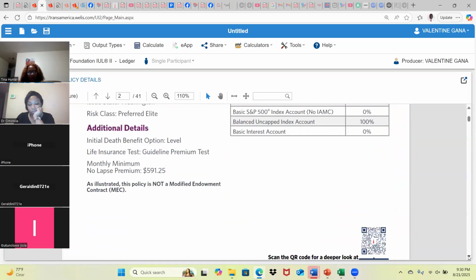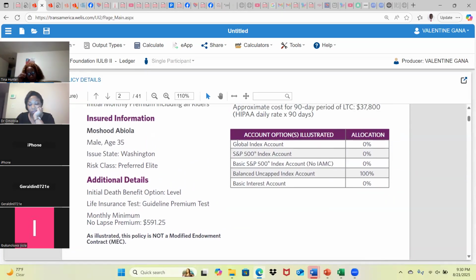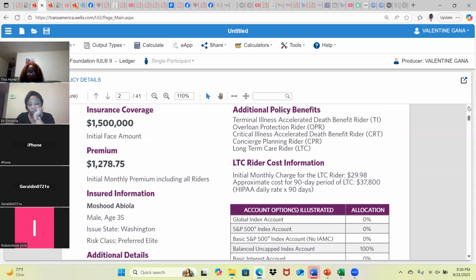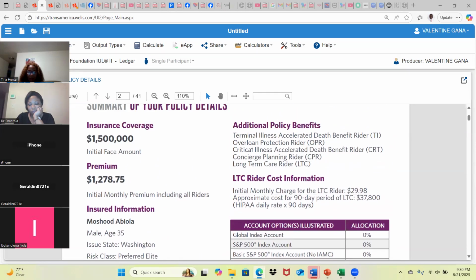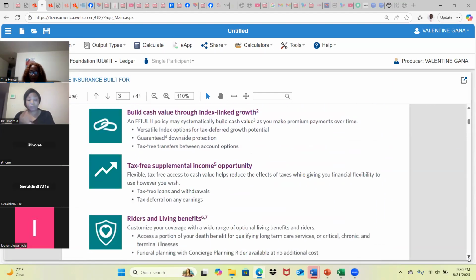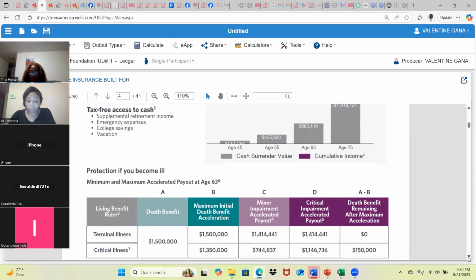So the illustration will contain a lot of the detail regarding the policy. If I scroll down here, initial death benefit, all of these riders here, account options included, index, S&P will put your money in the balance uncapped, long-term rider cost information, additional policy benefits, terminal illness, overloan protection, critical illness, concierge planning rider, long-term care. As we scroll down, you'll see all of these explanations. If we go in deeply, we're going to see graded.